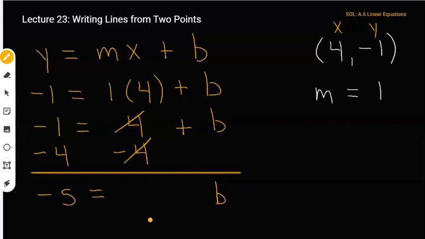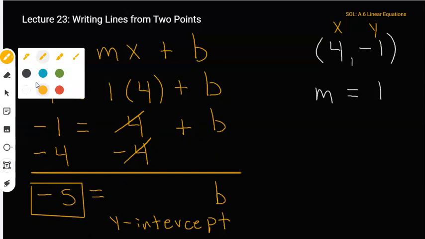So b equals -5. That's going to be my b value. This is the y-intercept.